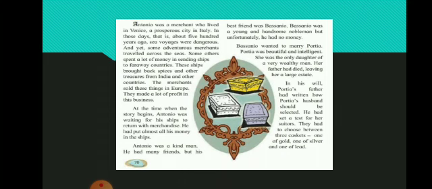Okay, now in his will, means it is a legal document. Will means an official statement of what a person has decided should be done with their money and property after their death. So, will, it is a legal document, legally made document.